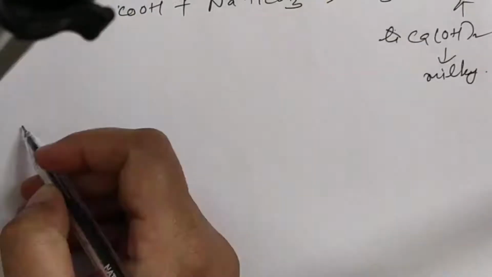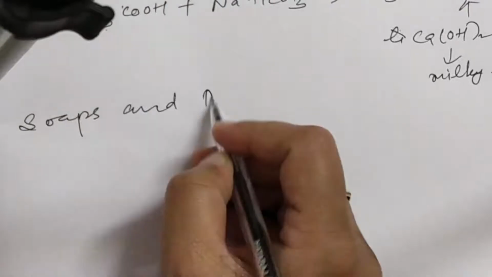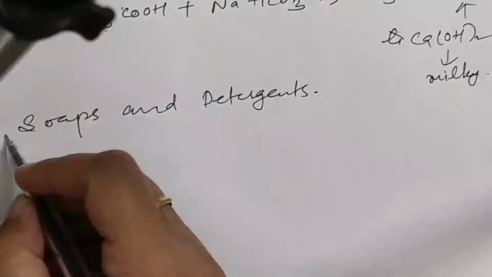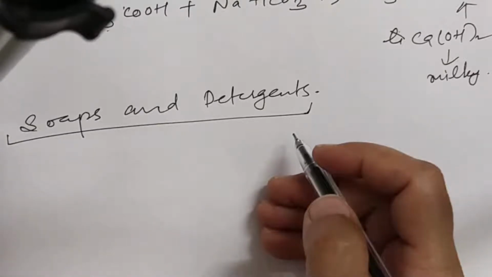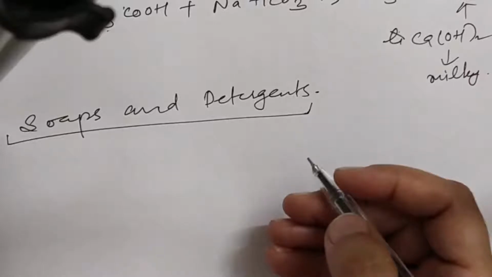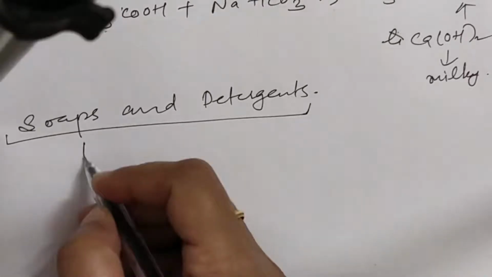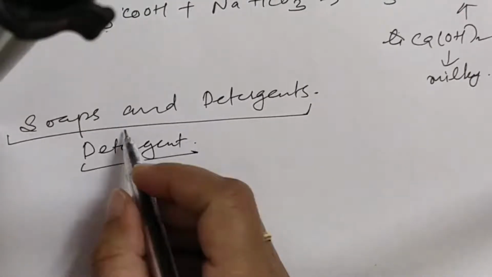The next topic that we are going to discuss here is the topic of soaps and detergents. Okay, as you might have studied, basically any substance which is capable of removing grease or dirt from the fabric is called a detergent. But what is the basic difference between soap and detergent?